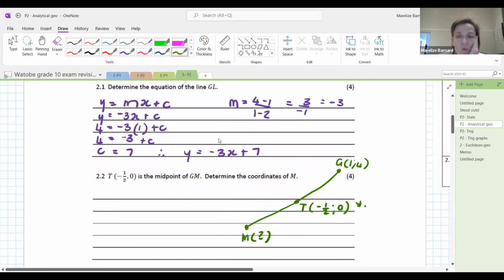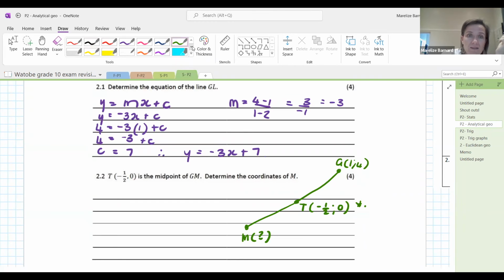We don't know what the coordinates of M are, but we do know that T is the midpoint, so we can solve for M quite easily. We did many of these when we were doing the analytical geometry, and Mitchell's already got an answer. Well done, Mitchell. So we know that 1, the x coordinate at G, plus the x coordinate at M, divided by 2, because it's the midpoint, is going to give me negative 1/2.